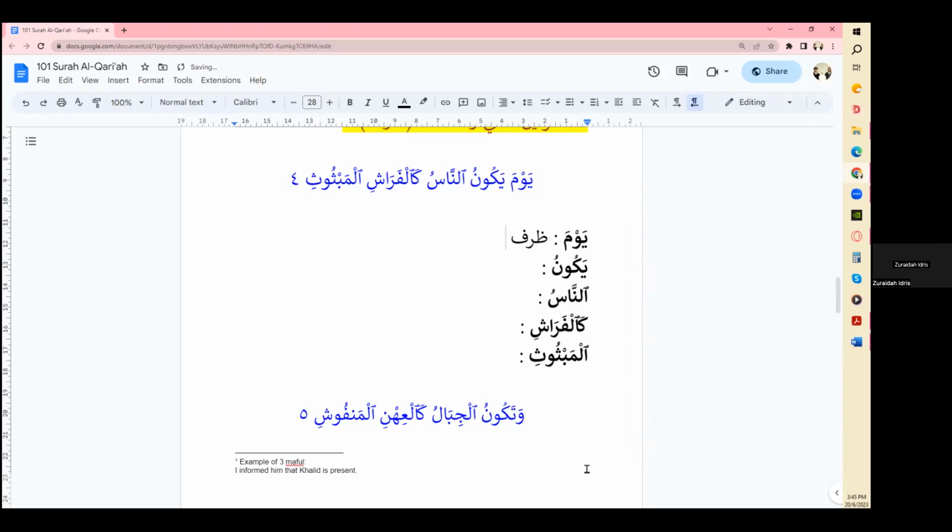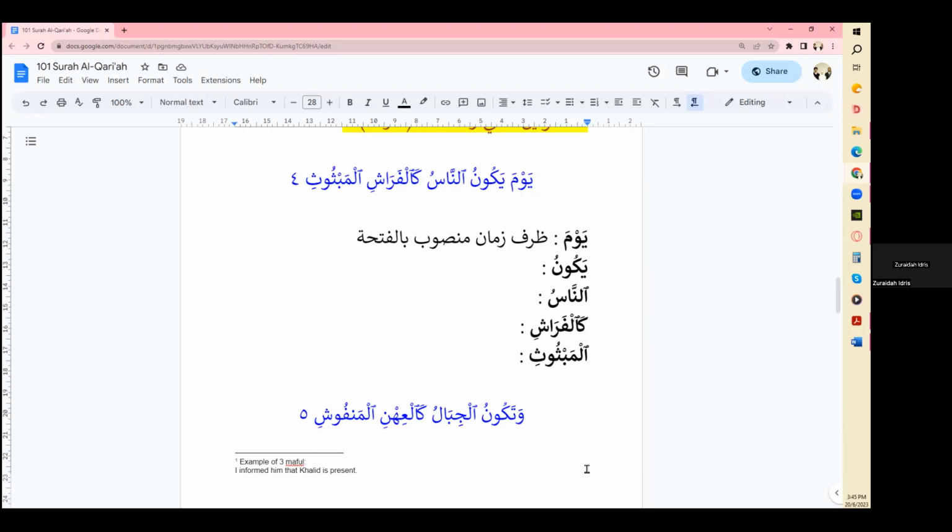What is the status of zarf zaman? Mansub, yes, because of the fathah, we see the sign. And now, it's muta'alliq to what? Do you see anything there?